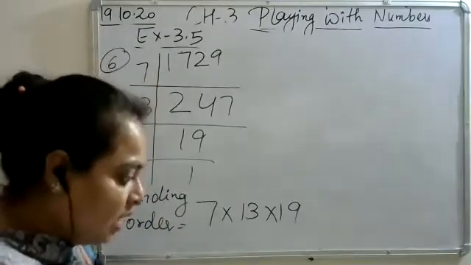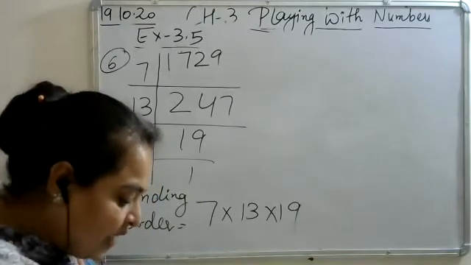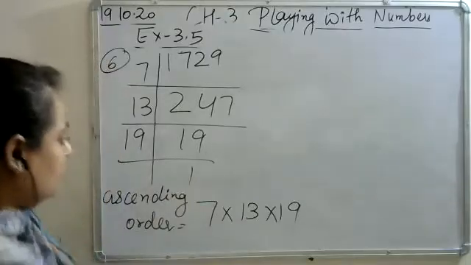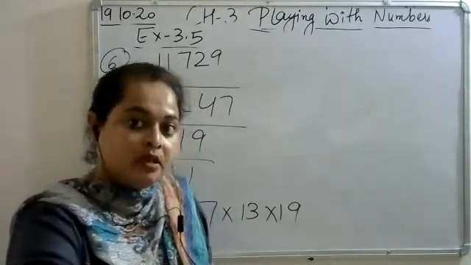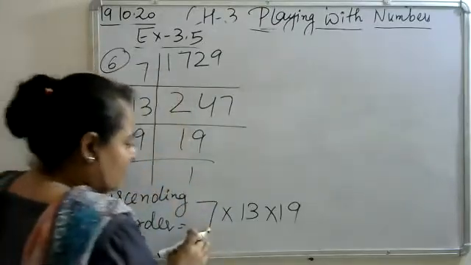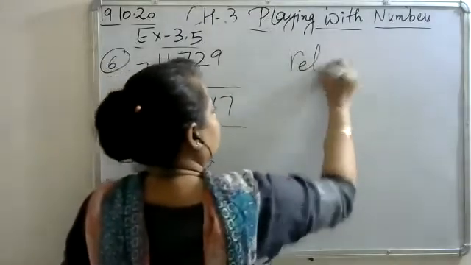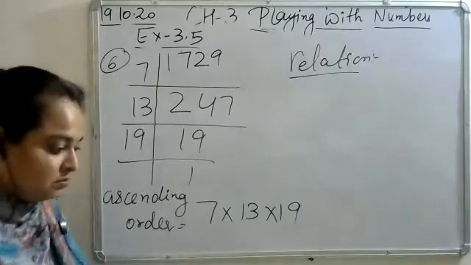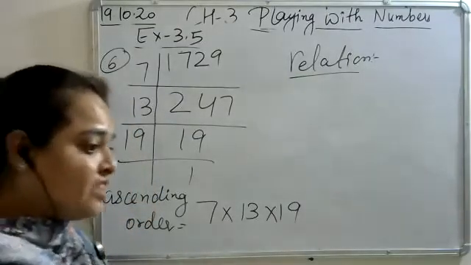Okay, now next is: state the relation, if any, between two consecutive prime factors. Consecutive means one after the other. Now tell me, do you observe any relation here? Savya, you are very fast writing no in each and every question.